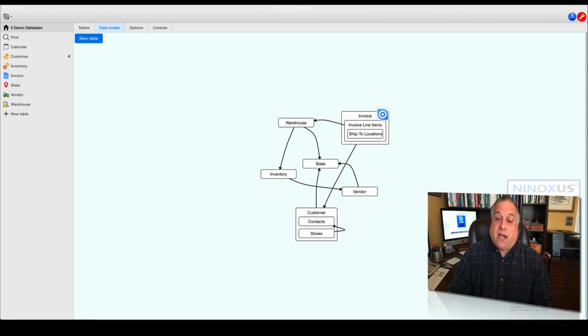Here we see a parent, a child, and a grandchild, with the invoice line items table actually having two different identities. It is both the child of invoice and the parent of ship to.